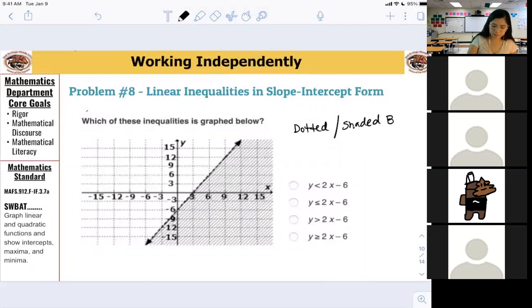Yeah, below. So which symbol do I use when I have a dotted line shaded below? The less than symbol, just less than. So since everything else in these answer choices was exactly the same, the symbol was the only thing that mattered. A is my answer. Questions on number 8, problem 8?